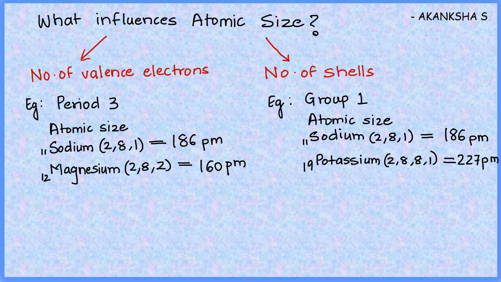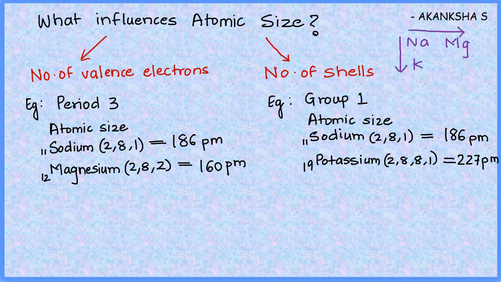So you have something like this. Period number 3 has sodium and magnesium, same period. And then group number 1 has sodium and potassium. So one is going top to bottom, and the period is growing left to right.